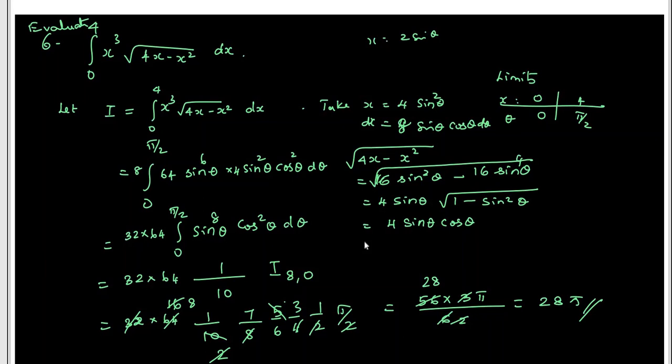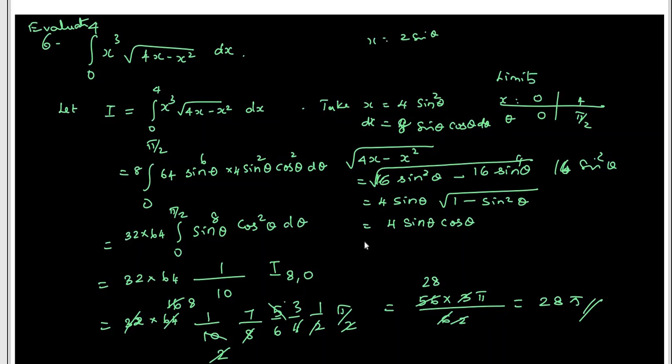Right. So taking x as 4 sine square theta, the root of 4x minus x square reduces to root of 16 sine square theta, and then you are squaring this, so 16 sine theta power 4 you have. Then 16 sine square theta can be taken out, so that you will have 4 sine theta.